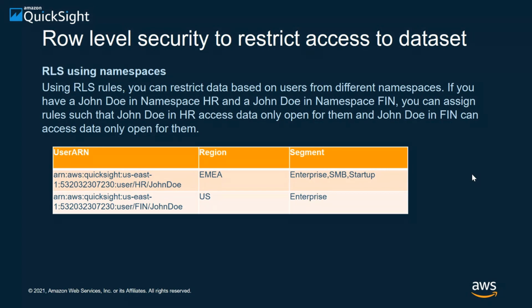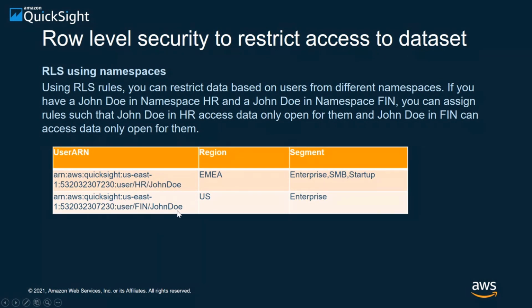So hence, as you see on the screen here, we have enabled row level security using namespaces where you can define the row level security using the entire user ARN, where you have John Doe as the user also qualified using the namespace HR.